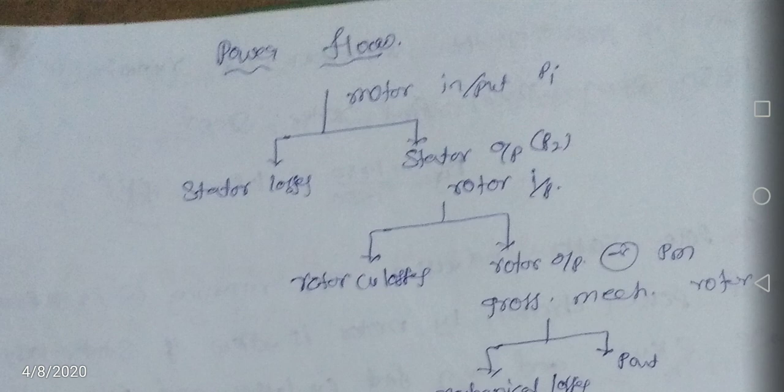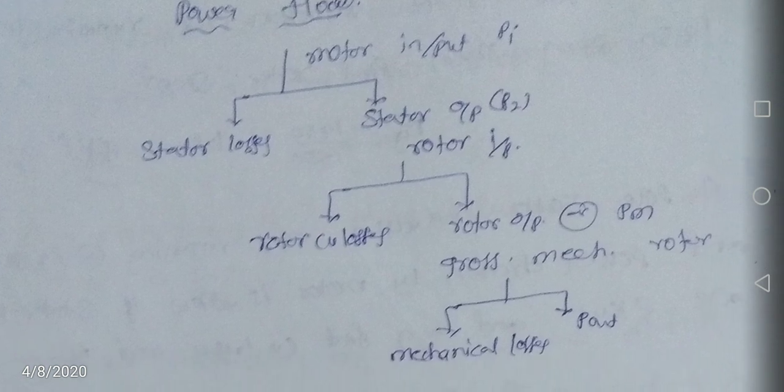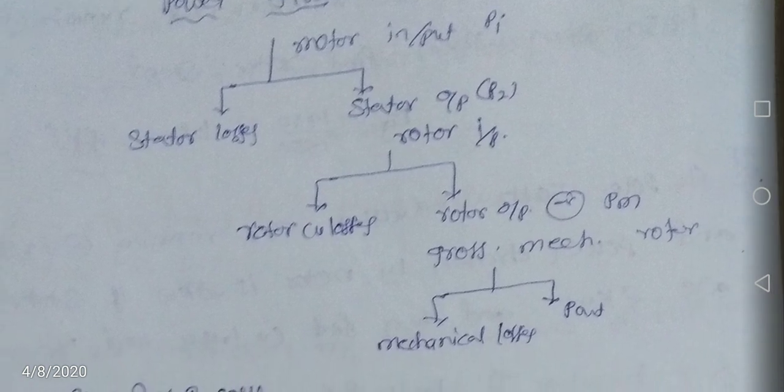That is the rotor output, or the gross mechanical power developed by the rotor, which we call PM. The rotor copper loss is PCU, and the remaining rotor output power is sent to the shaft.